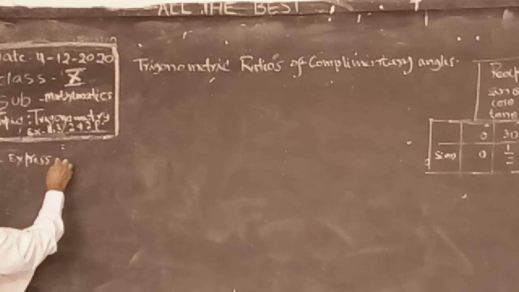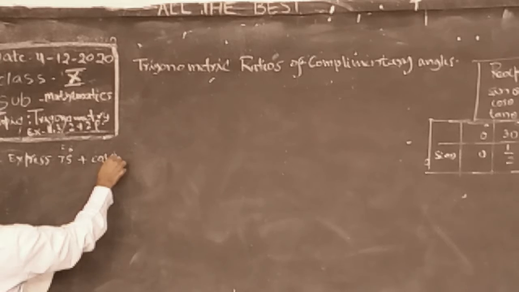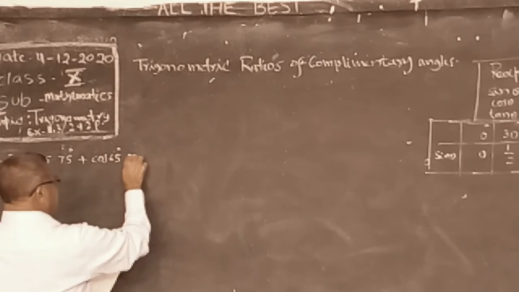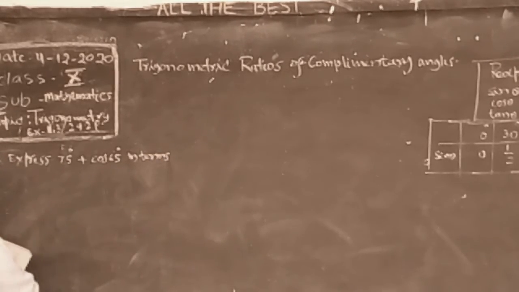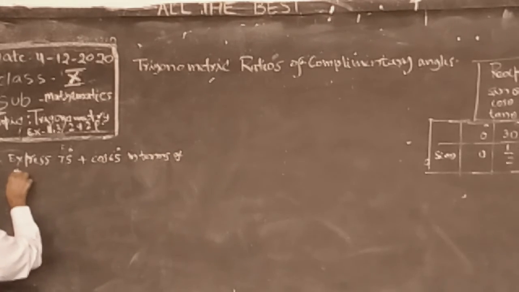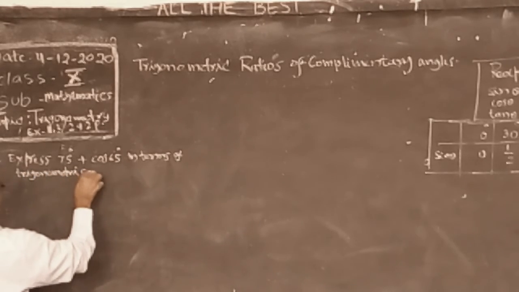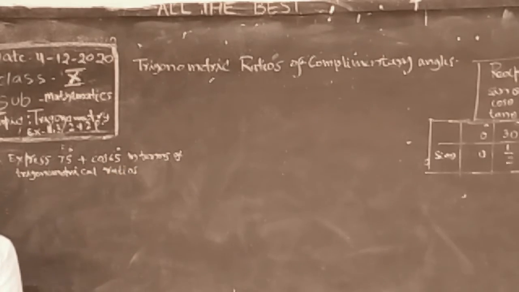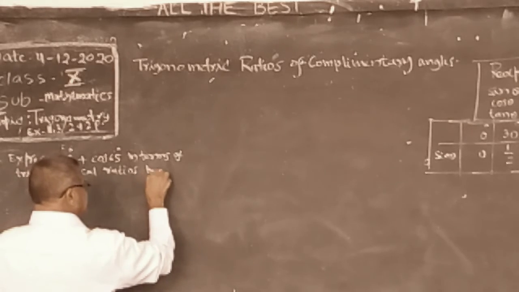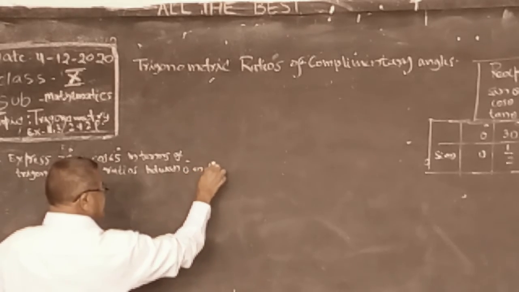Express sin 75 degrees plus cos 65 degrees in terms of trigonometrical ratios of angles between 0 degrees and 45 degrees.